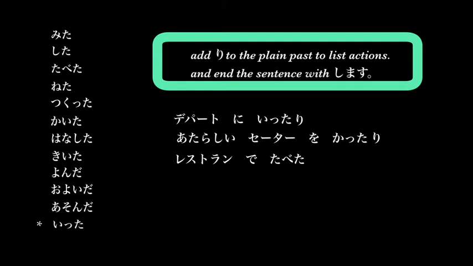We add ri to those actions, ittari, kattari, tabetari, and then we finish the sentence with shimasu. And that gives us departo ni ittari, atarashii seita o kattari, restaurant de tabetari shimasu. So they're the things that I do.